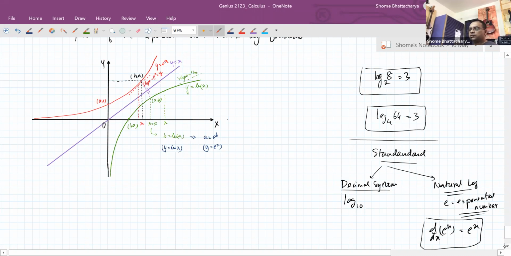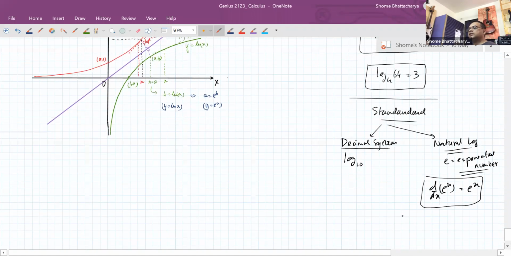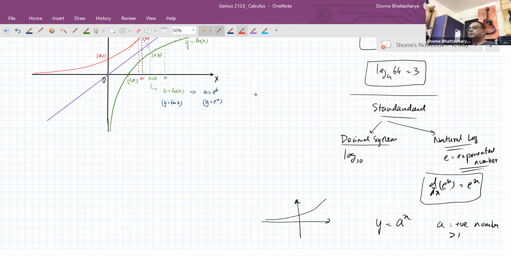Yes, sir. If we look at the graph of any function of this type, y is equal to a raised to the power x, where a is some positive number greater than 1, the shape of the graph will be more or less like this. But depending on the value of a, it might decrease more rapidly and increase more rapidly, or decrease less rapidly and increase less rapidly.